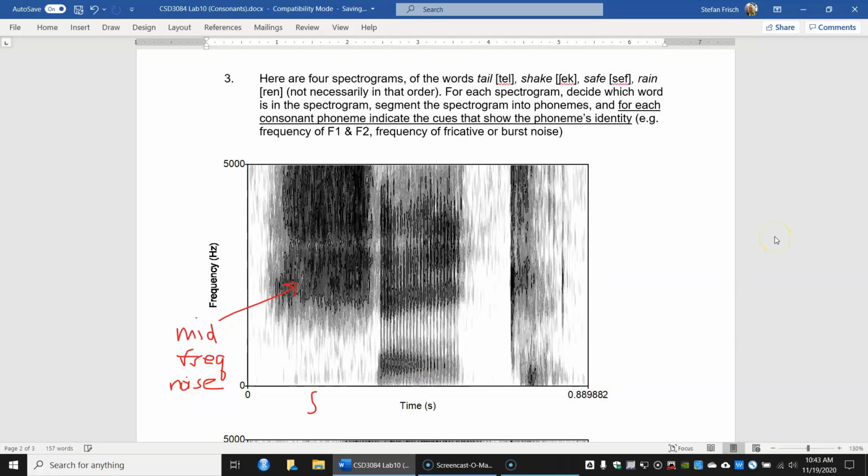Okay, so if that's my word that starts with a sh, then the final consonant has got to be a k. Here we have a burst with mid-frequency energy that is consistent with a velar stop.